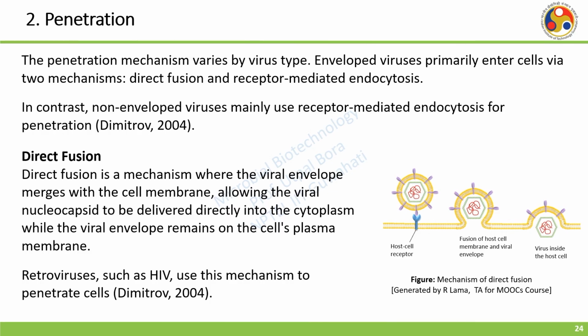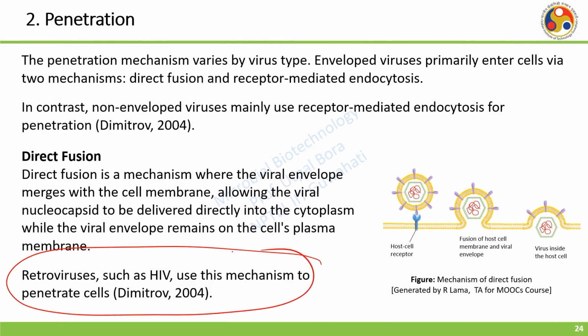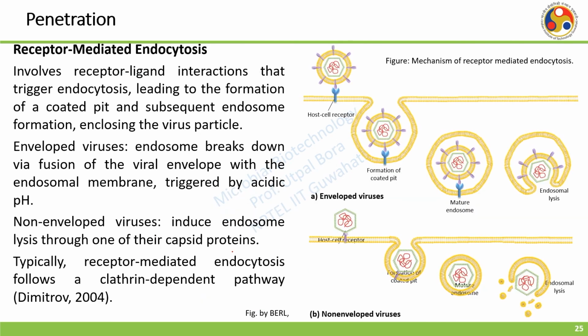So, retroviruses such as HIV use this mechanism to penetrate the host cells. Receptor mediated endocytosis involves receptor ligand interactions that trigger endocytosis, leading to the formation of a coated pit and subsequent endosome formation enclosing the virus particles.